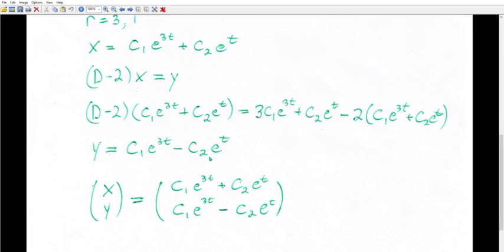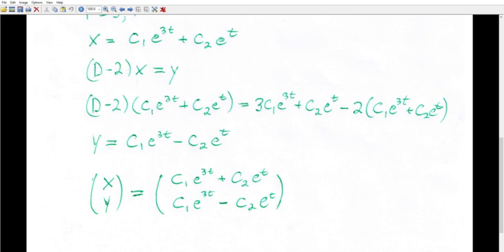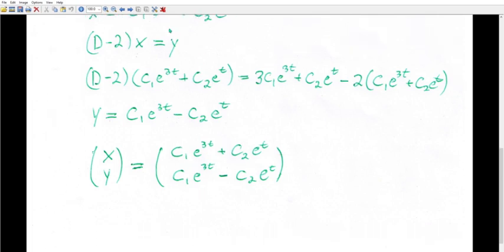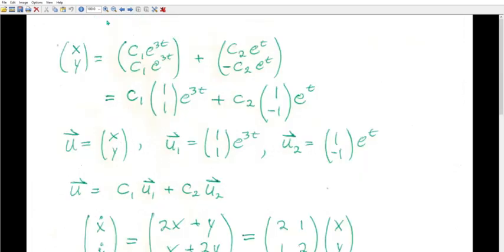Now, written in column vector form, that's x, y is the x, which is c1 e to the 3t plus c2 e to the t, and y, c1 e to the 3t minus c2 e to the t. Now we regroup that as two column vectors: c1 e to the 3t, c1 e to the 3t, plus c2 e to the t, minus c2 e to the t.